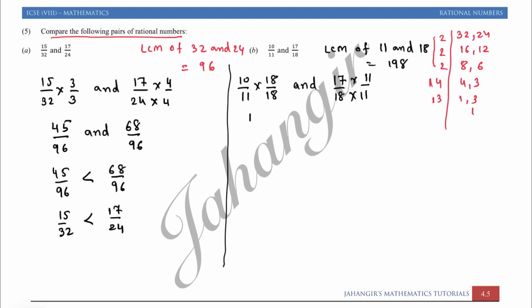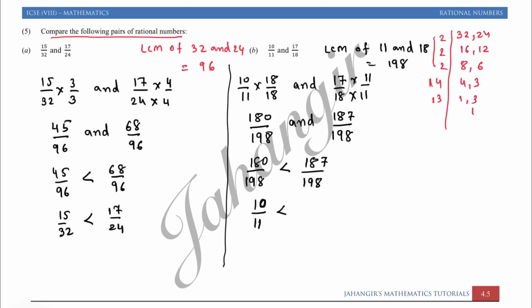So 10 times 18 is 180 upon 198, and 17 into 11 is 187 upon 198. If you compare, the left side is smaller and the right side is greater. So 180 by 198 is smaller than 187 upon 198. Writing in simplest form, 10 by 11 is less than 17 upon 18.